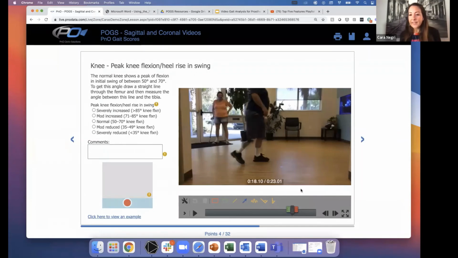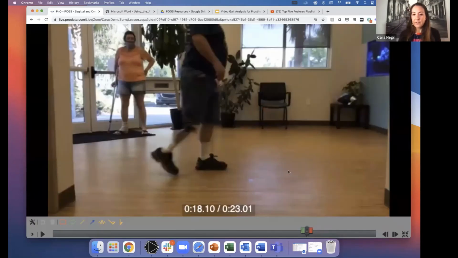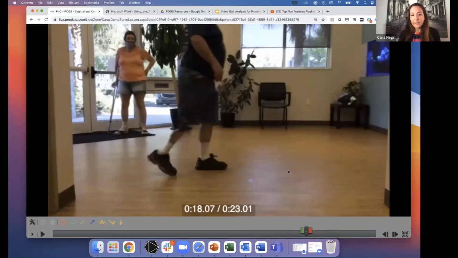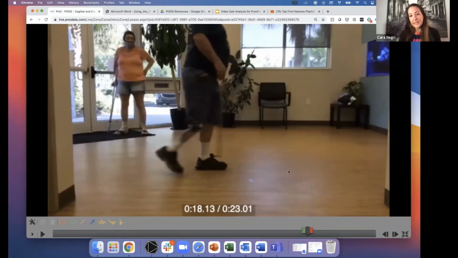So we're looking at hip flexion or knee flexion in swing phase. And so he left the ground. He should be in early flexion, initial swing flexion, and he's not really bending the knee more than here.